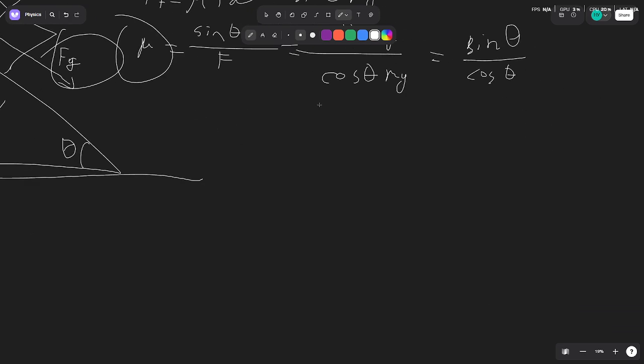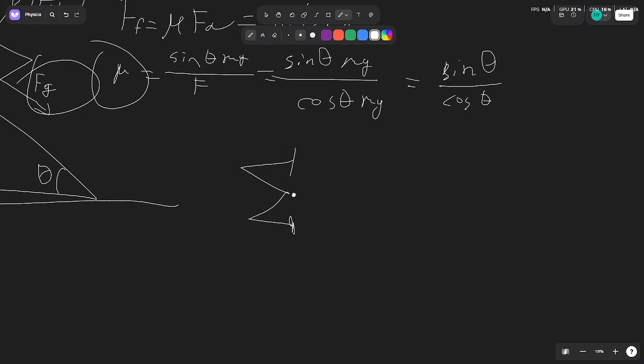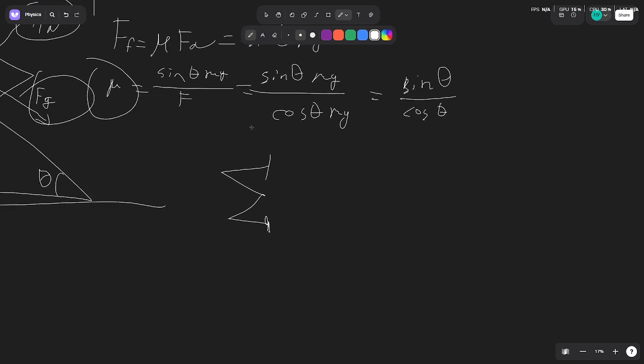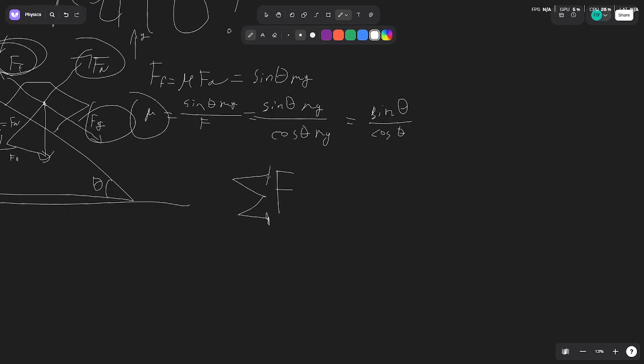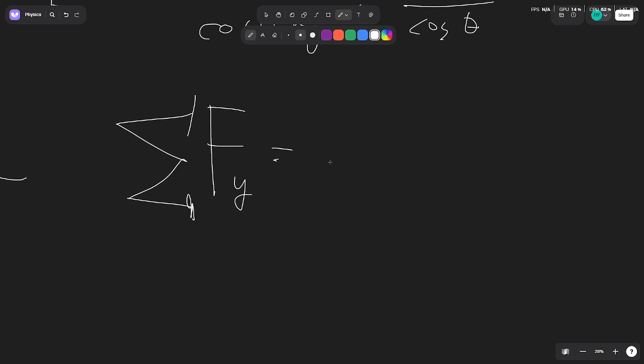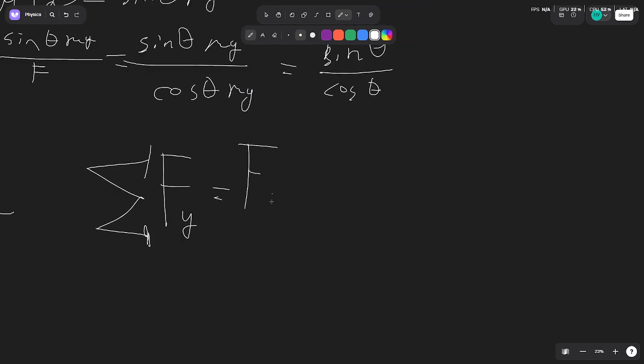Now I want to introduce a new sign called sigma. Sigma is a sum of all the forces applied, or of anything applied on some object. It's in general physics, but in our case, it's all the forces applied here. So let's break it down for the y-axis. Sigma Fy equals the normal force minus cos of the angle times Fg.